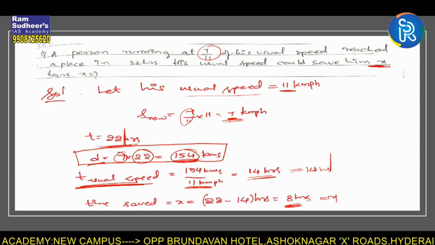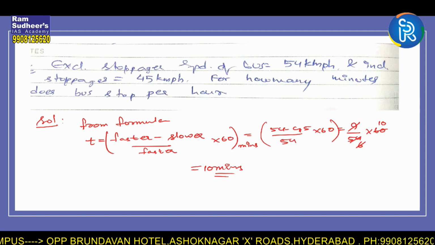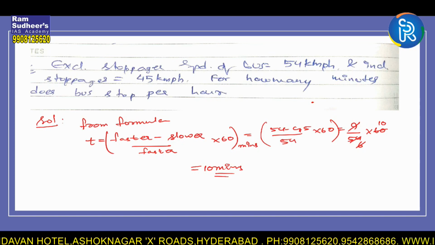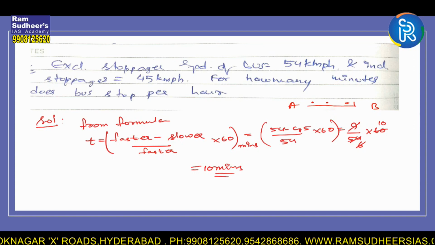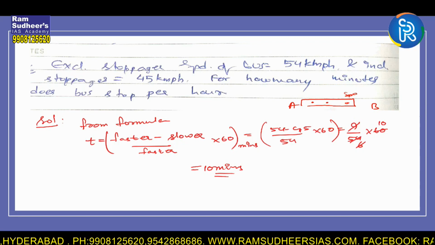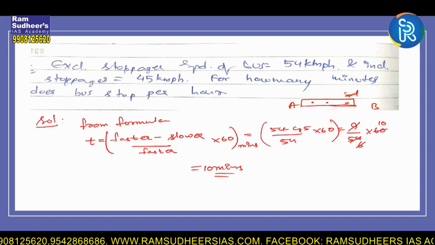Moving on to the next question. Excluding stoppages, speed of bus is 54 km per hour. A bus starts from A to B, and there are 3 bus stops in between. Whenever a bus stops, some amount of time is wasted, and therefore its speed decreases. When there is no such stop, its speed would be constant, a higher value.